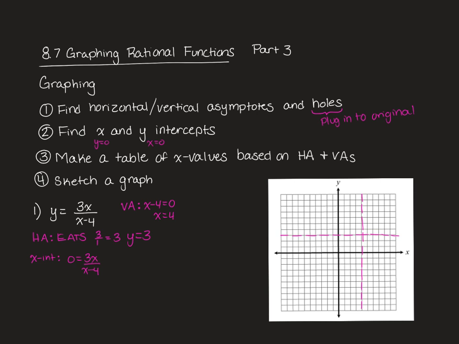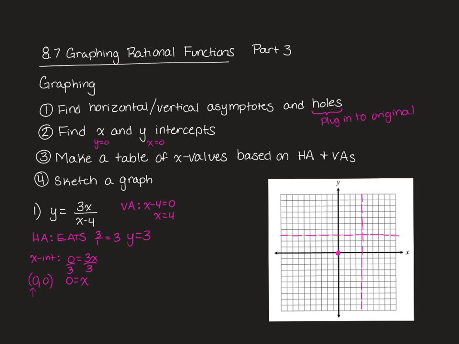So we don't even need to worry about that x minus 4. We just need to worry about 3x. Divide by 3. You still get 0, so my x-intercept is 0, 0, which is also my y-intercept. Remember, the y-intercept is when x is equal to 0, so we do get the same thing. So right here on my graph, that is my x and y-intercept.